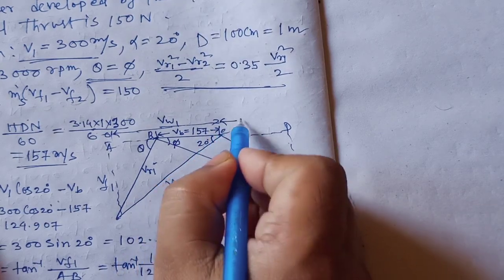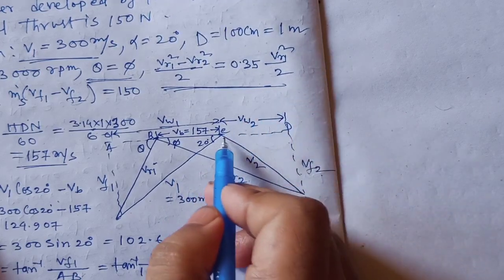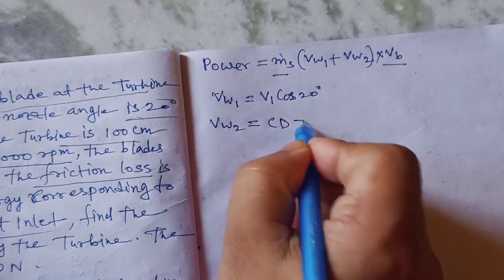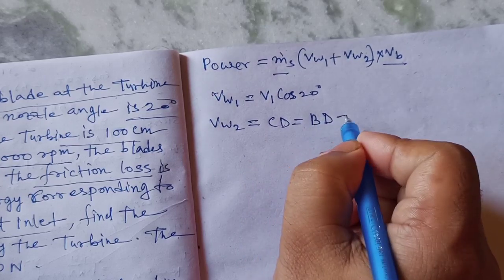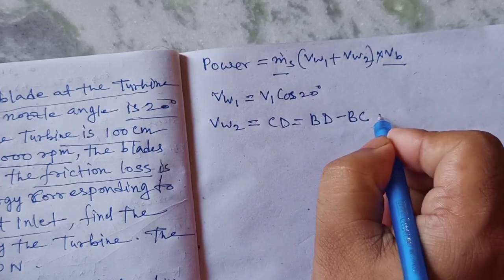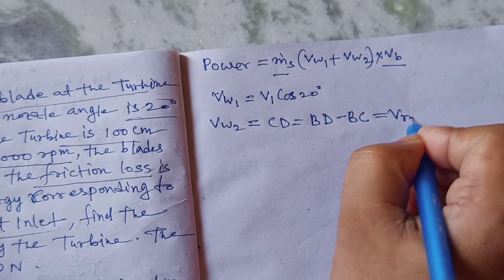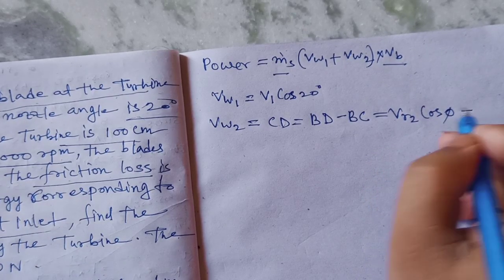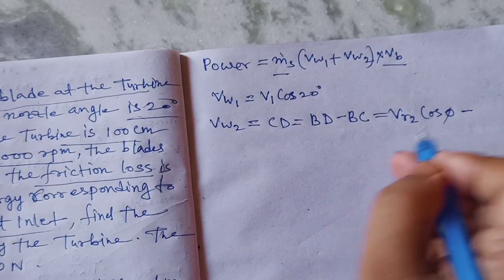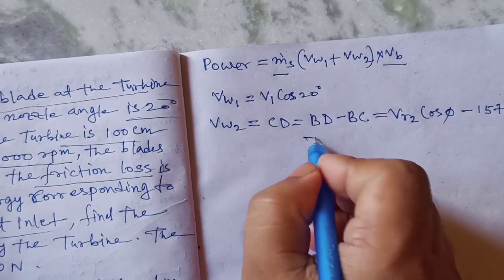So Vw2 is CD, which is BD minus BC. BD is Vr2 cos phi, and BC is 157.